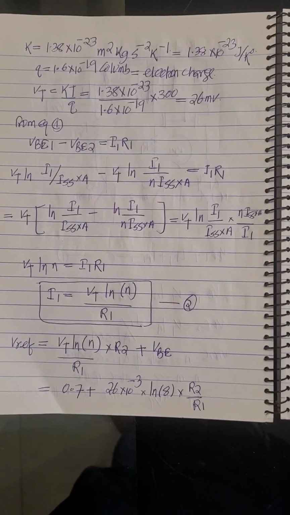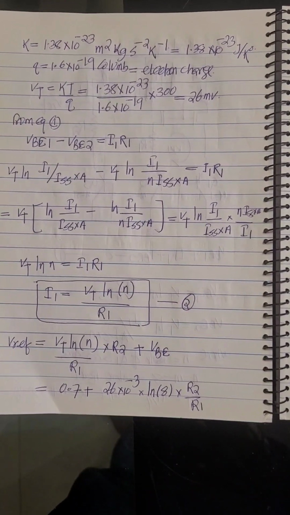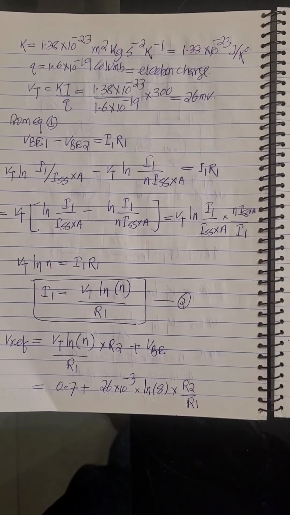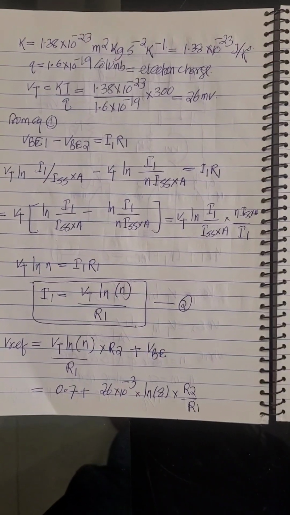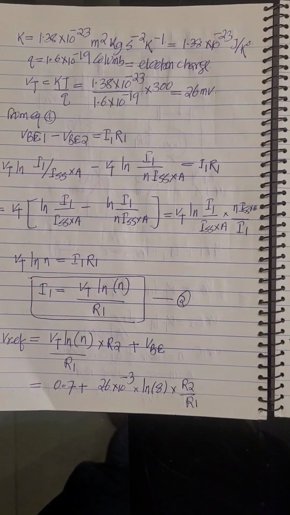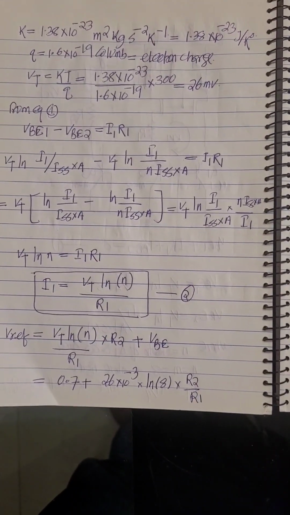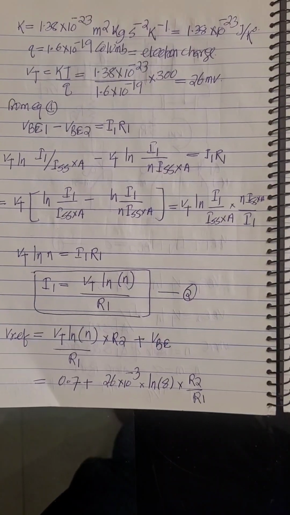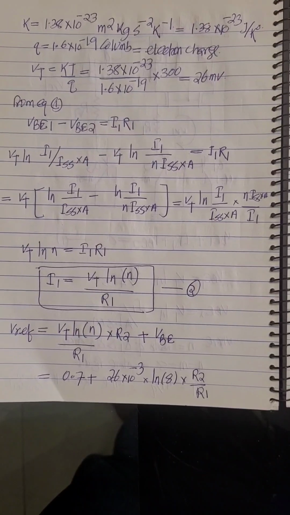Now Vt within the bracket, ln I1 Is divided by A minus ln I1 N Is times A within the bracket, equal to Vt ln of I1 Is by A times N times Is divided by A. If you simplify this equation, you will get Vt ln N equal to I1 R1, which is I1 equal to Vt ln N divided by R1, which is equation 2.